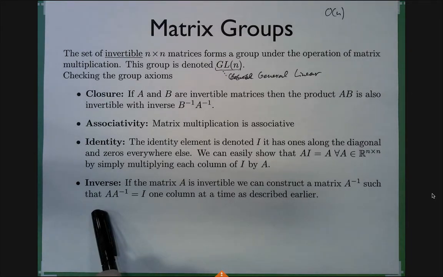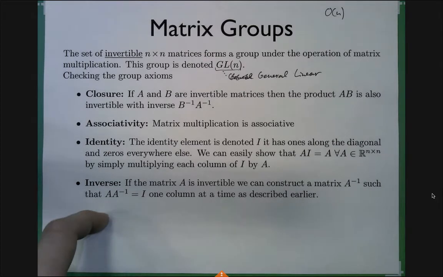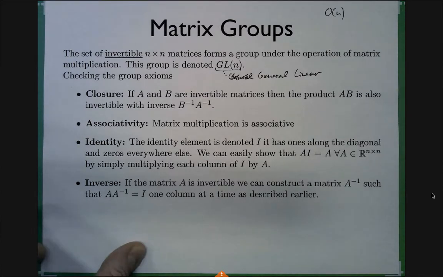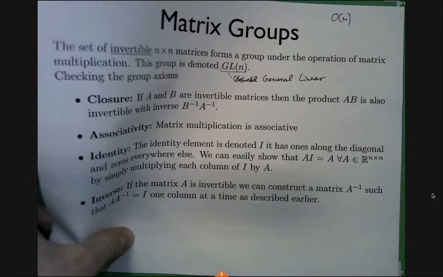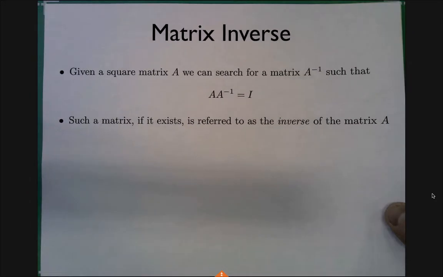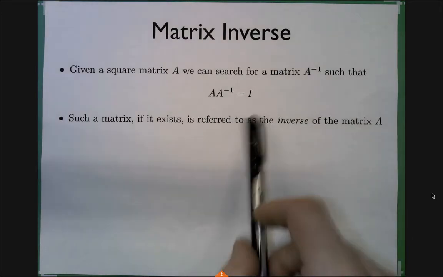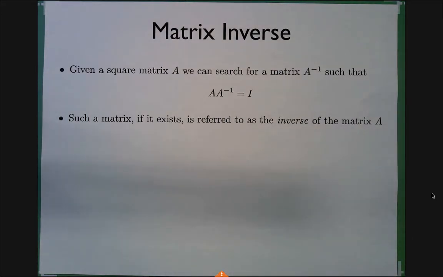And the inverse, well, that's the inverse matrix, right? So let me remind you, how do we construct the inverse of a matrix? For an invertible matrix, how do we find it? The matrix inverse is defined exactly so that the general linear group is indeed a group.